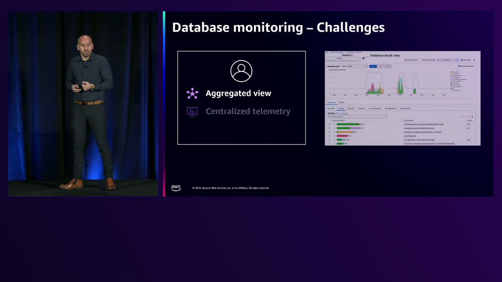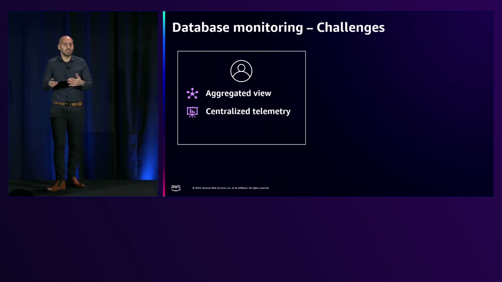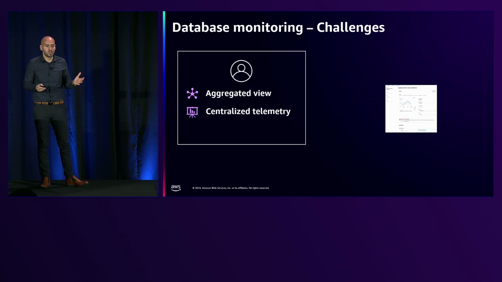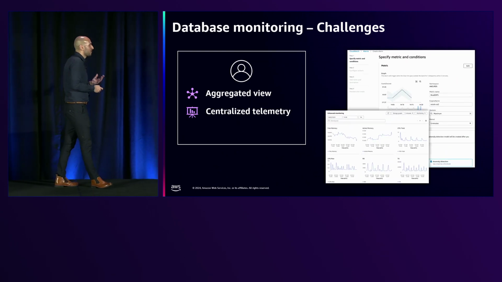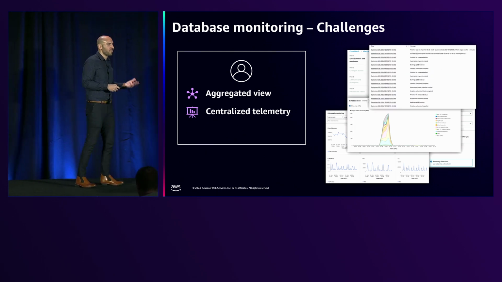Another challenge is, as you know, in AWS, we have a lot of performance data, traces, and logs scattered around so many tools. So for example, CloudWatch and CloudWatch Logs, RDS Enhanced Monitoring, RDS Performance Insights, RDS Events.